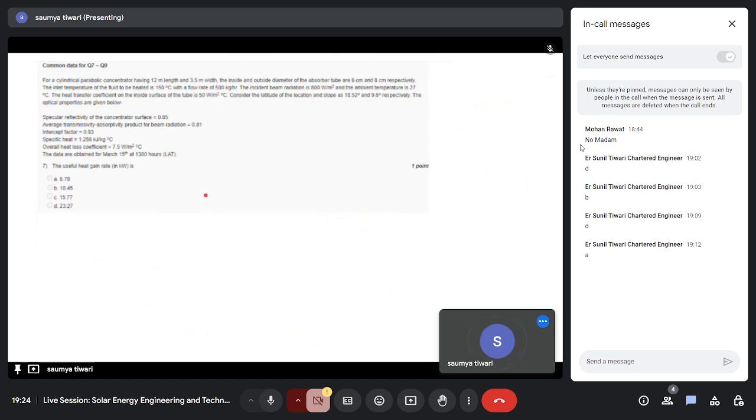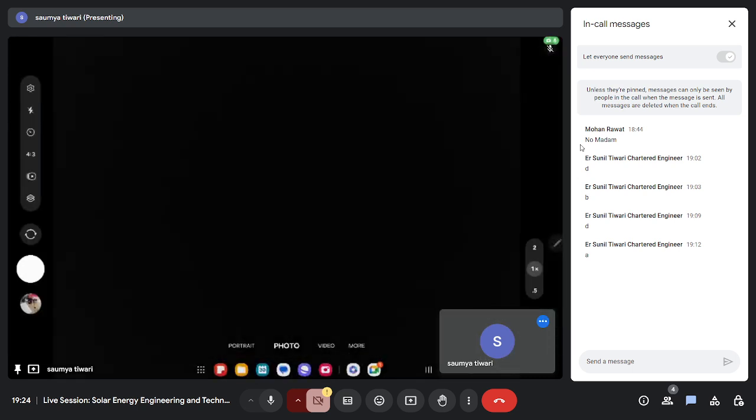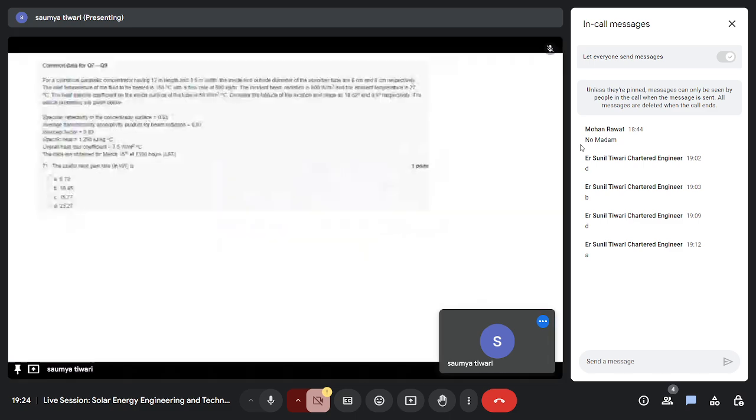I will read aloud the question. The question is for a cylindrical parabolic concentrator. We have a cylindrical parabolic concentrator having 12 meter length, 3.5 meter width, and the inside and outside diameter of the absorber tube were 6 centimeter and 8 centimeter respectively.